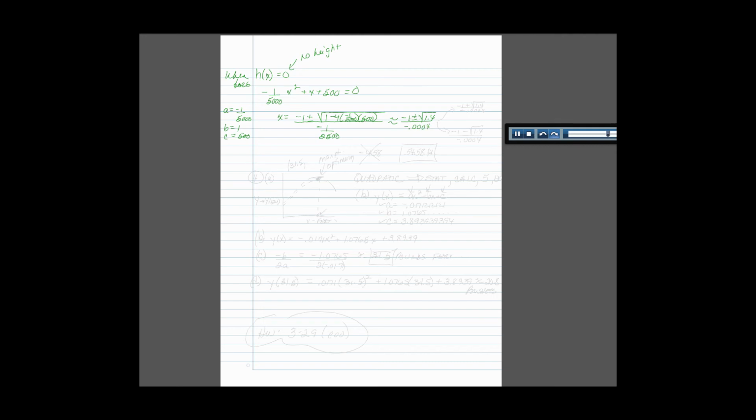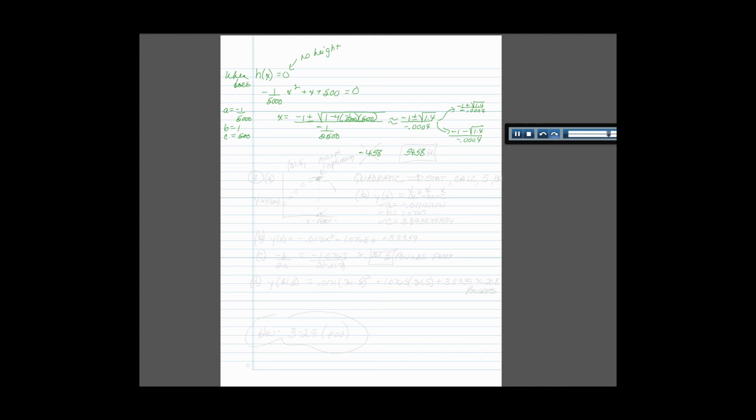All right, and when you do this as negative 1 plus square root of 1.4 all over negative 0.0004, and then you do it as negative 1 minus square root of 1.4 all over negative 0.0004, you get two answers. You get negative 458, and you get 5,458.